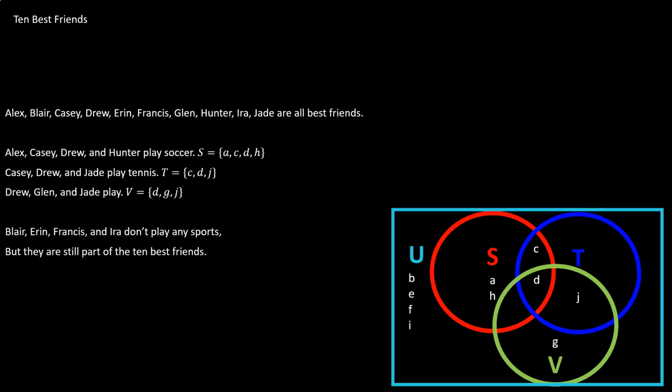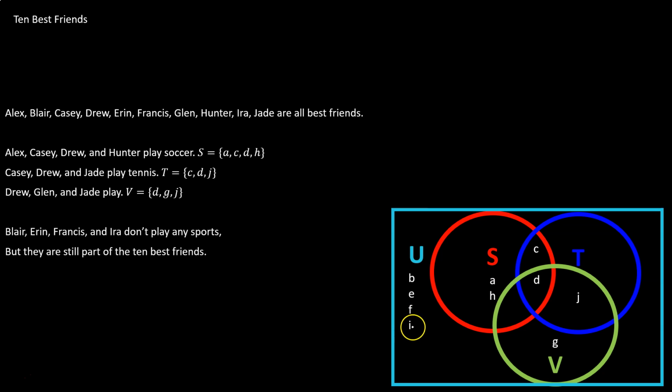Now we have 10 best friends, but not all 10 of them like to play sports. So if we wanted to represent the entire group of 10 best friends, we need to draw a rectangle around our three circles to represent the entire universe, which contains all 10 best friends. So of the friends who don't play sports, we have Blair, Aaron, Francis, and Ira.